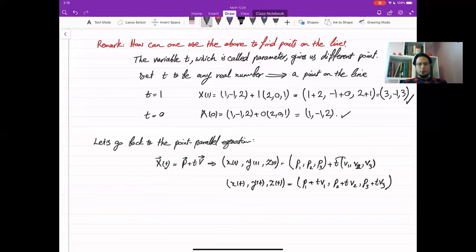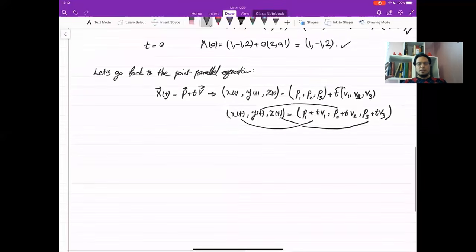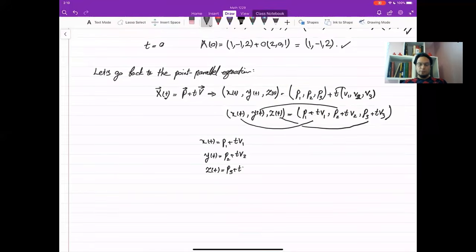Now I have two vectors which are equal, which means the first component is equal to the first component, the second to the second, and the third to the third. I can write the above vector equation as three equations of components: x is equal to p1 plus tv1, y is equal to p2 plus tv2, and z is equal to p3 plus tv3.